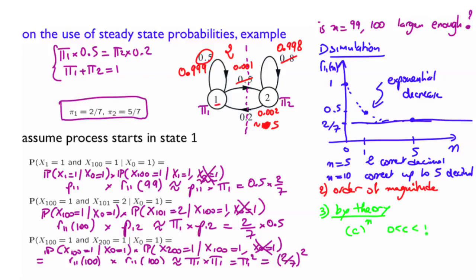The closer c is to 1, the slower the convergence is, and the closer c is to 0, the faster the convergence is. For example, for our initial case, c was 0.3. That was the first case. For the second chain, with probabilities 0.99 and 0.998, c would be 0.997.